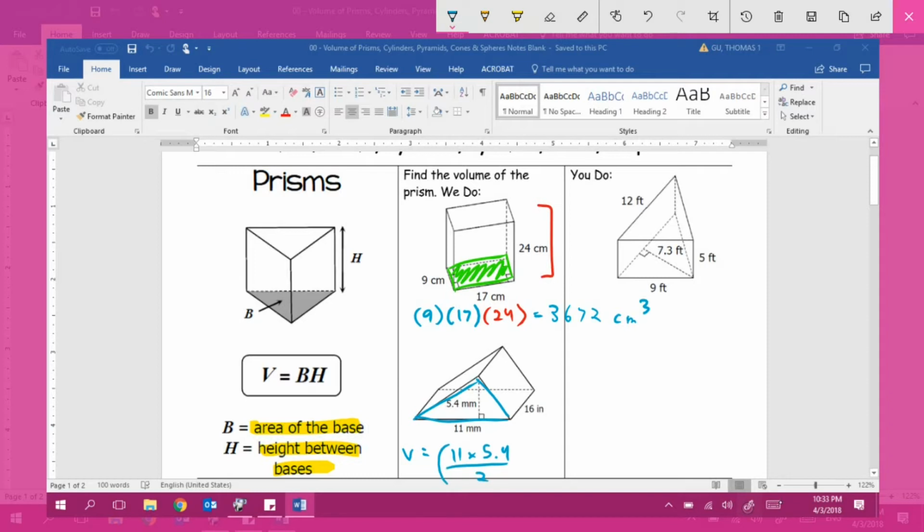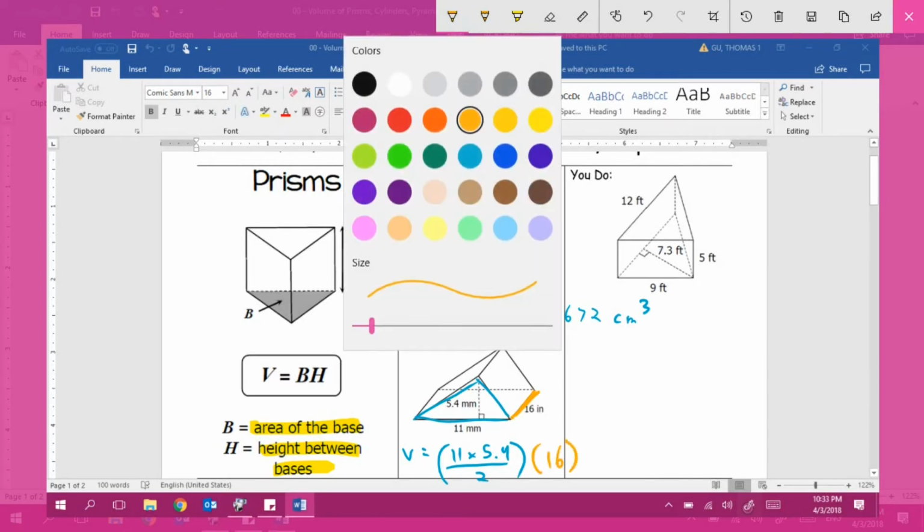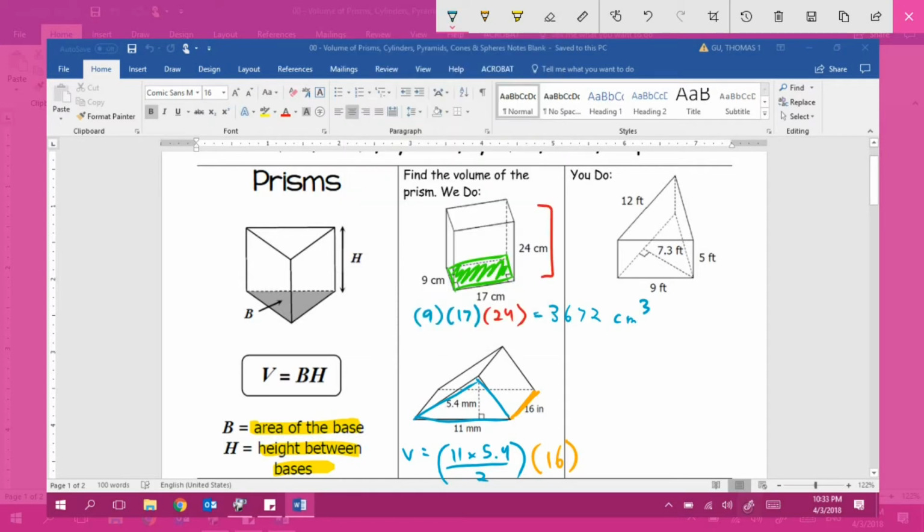That's the area of a triangle, remember? Now I'm going to multiply by the height between the bases of the 2 shapes for volume, which is the 16 over here. Put this in the calculator, and you're going to get 475.2. And what are my units? Inches cubed. Oh my goodness. So you guys try the you do on the right side.